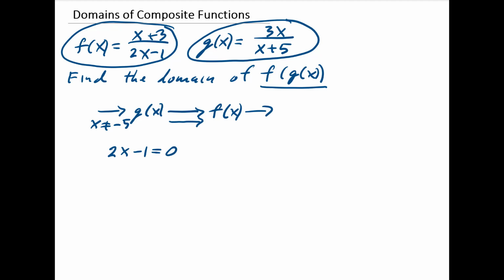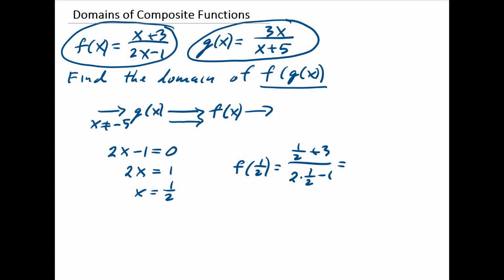So we set 2x - 1 equal to 0, and we solve that for x, and we get x = 1/2. Which means if we plug 1/2 into the function f, watch what happens. We get 1/2 plus 3 over 2 times 1/2 minus 1, which is 3.5 over 0. Again, that's not allowed. We cannot divide by 0.